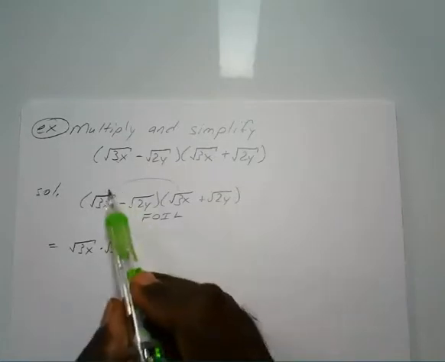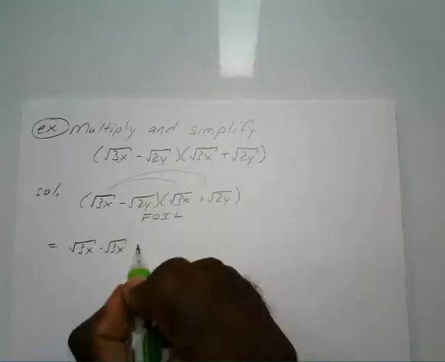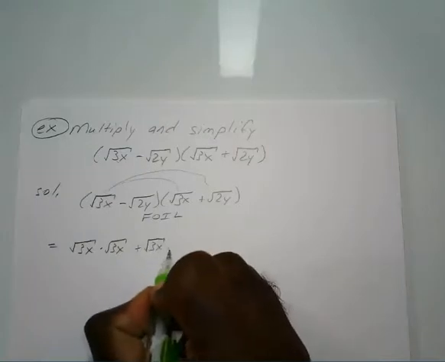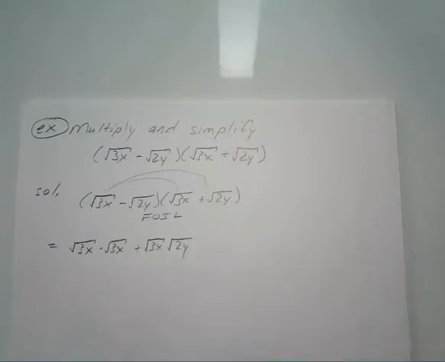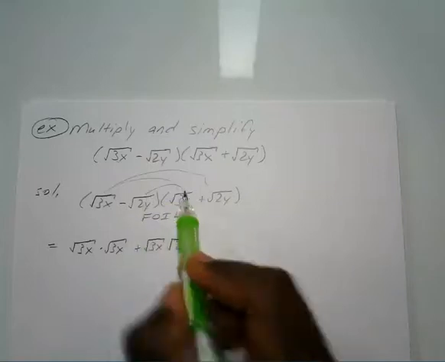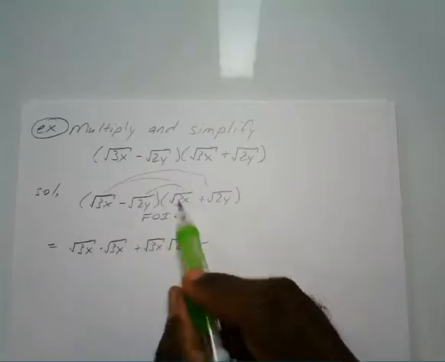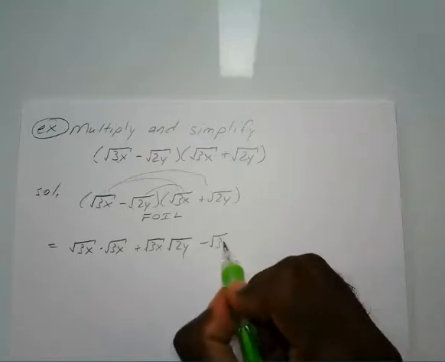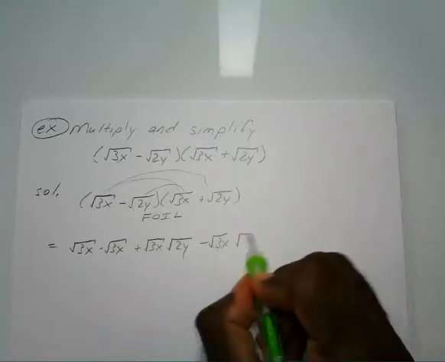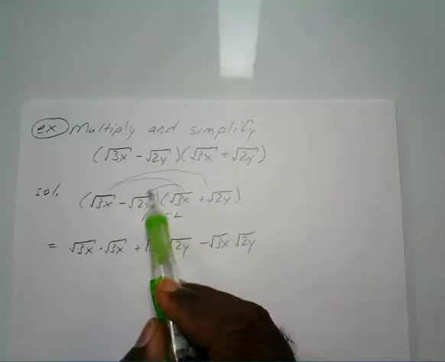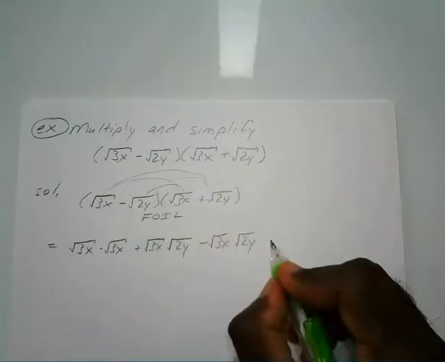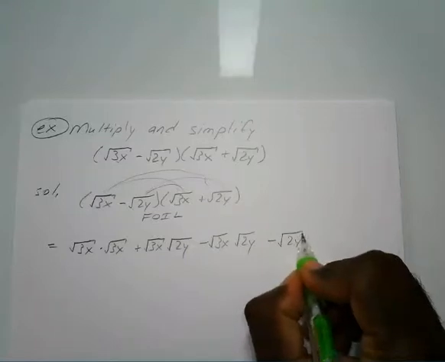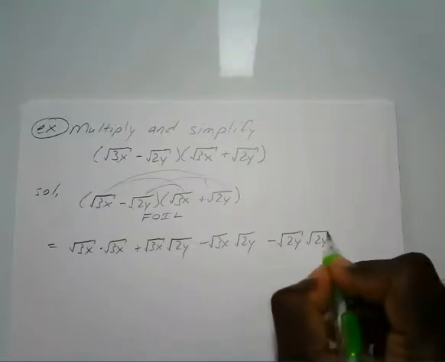Okay, now you have your outer, plus square root of 3x times square root of 2y. You have your inner, which is minus square root of 3x times square root of 2y. And you have your last, which is minus square root of 2y times square root of 2y.